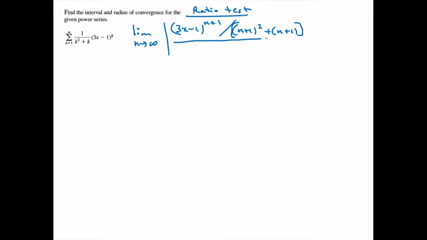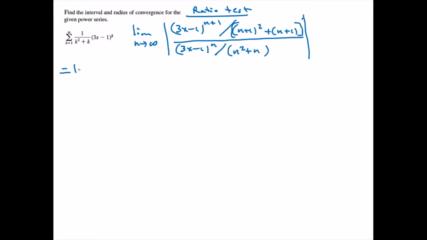And then we'll look at the ratio of that to the term evaluated at n. So we'll have 3x minus 1 to the nth power divided by n squared plus n. And of course, we'll look at the limit of the absolute value.